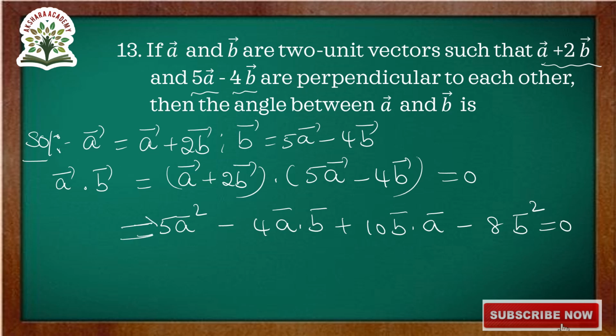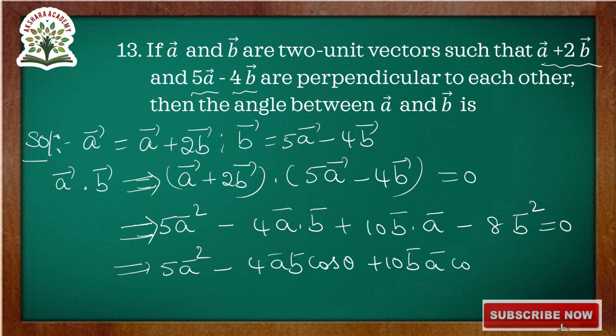Now 5a bar square minus 4a bar b bar cos theta plus 10 b bar a bar cos theta minus 8 b bar square. Here in this question they given a bar and b bar are two unit vectors, so a bar is equal to 1 and b bar is also equal to 1.